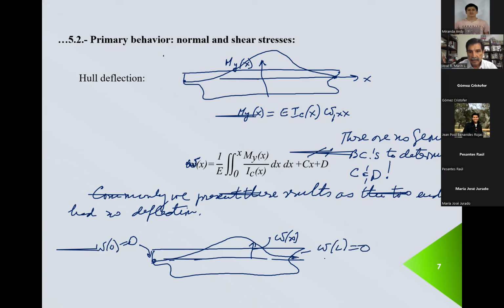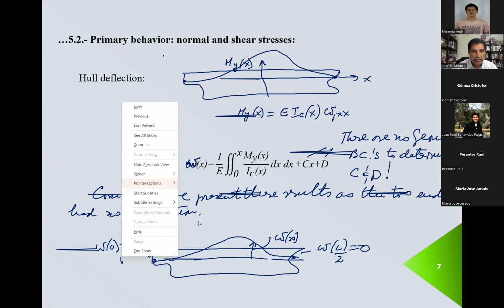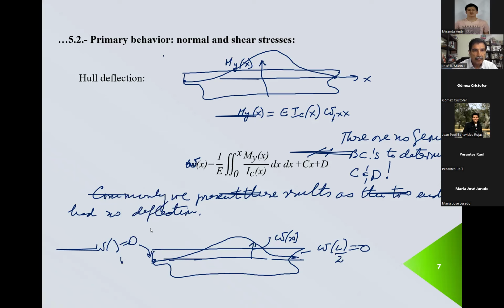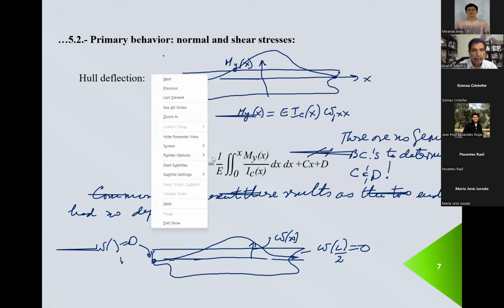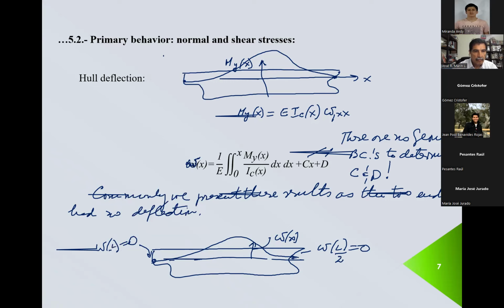I'm sorry, this is L over 2, and this is minus L over 2. With these two conditions, we could evaluate D and C. That's all we can do.